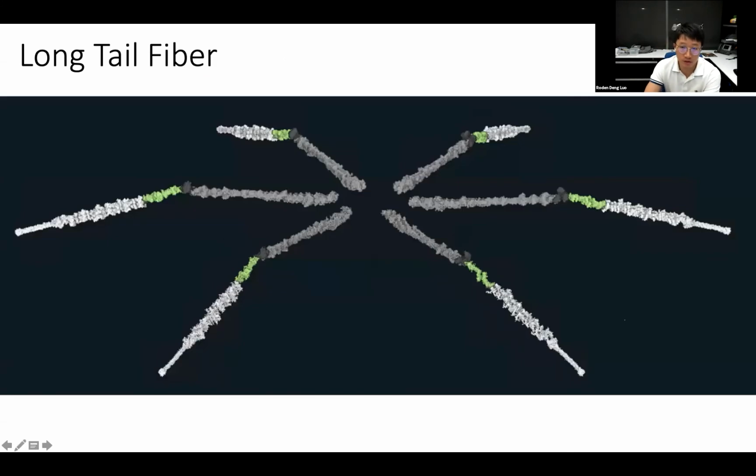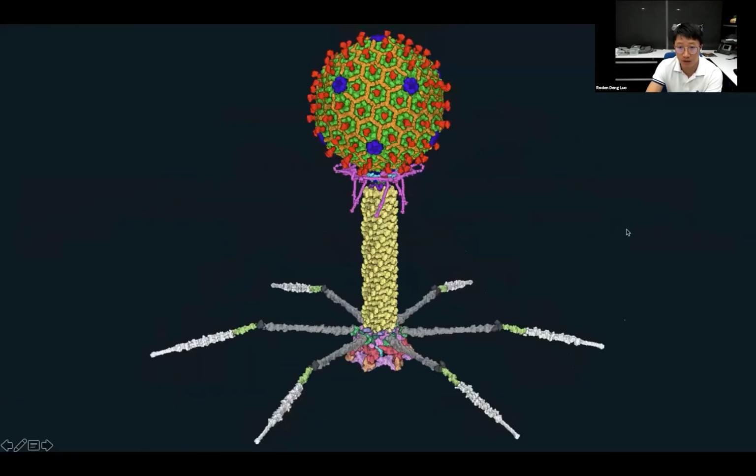So this page shows the result that conforms to what we just walked through. And the N-terminal end of GP34 is attached to the base plate protein GP9 here. So now we have the full model of T4.